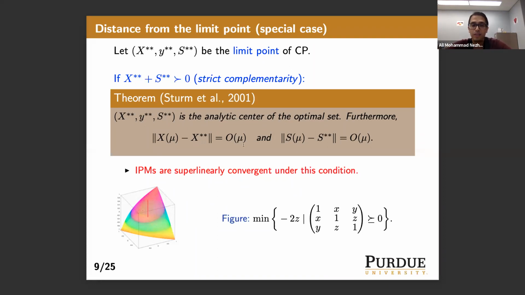As a result, interior point methods, which approximate the central path, are also superlinearly convergent under this condition. If you look at the central path with a different objective, which results in a strictly complementary limit point, the central path is not as curvy. That's not always the case, you might have a little curve here, but at least it's simpler than the central path in the previous case. And in fact, we have a Lipschitzian bound here.